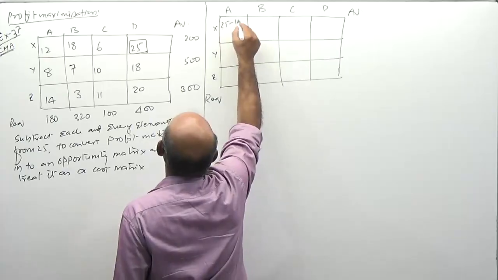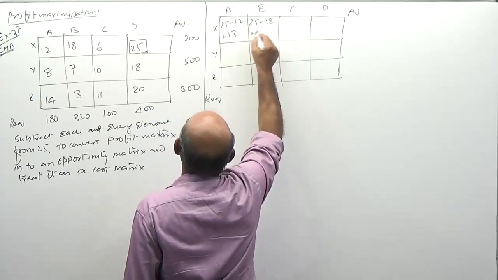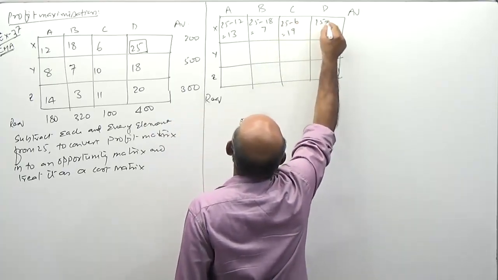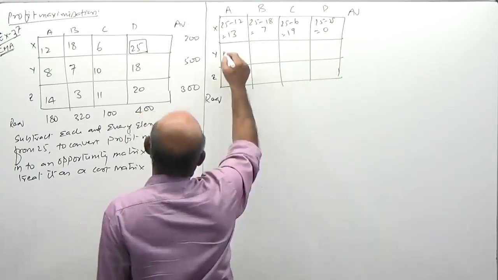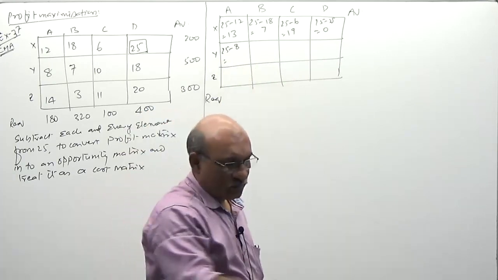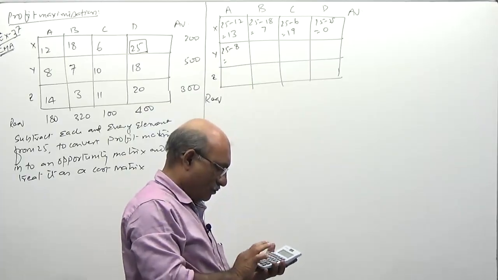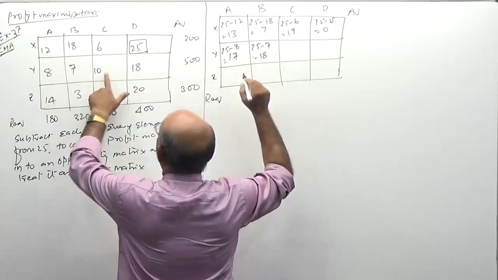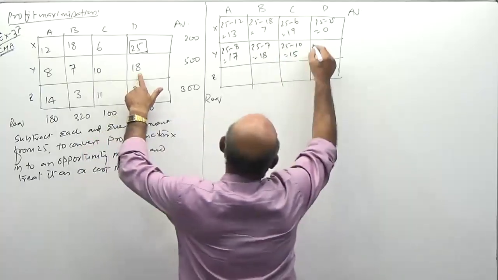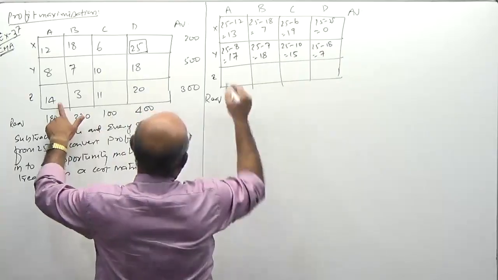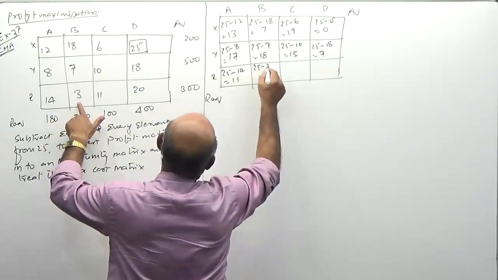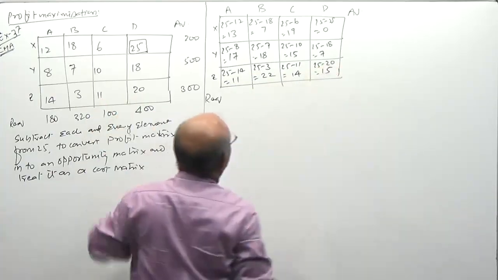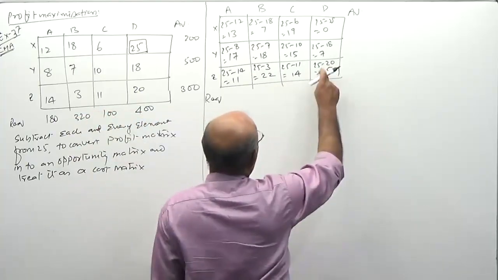25 minus 12, 13. 25 minus 18, 7. 25 minus 6, 19. 25 minus 25, 0. 25 minus 8, 17. 25 minus 7, 18. 25 minus 10, 15. 25 minus 18, 7. 25 minus 14, 11. 25 minus 3, 22. 25 minus 11, 14. 25 minus 20, 5. 25 minus 25, 0.